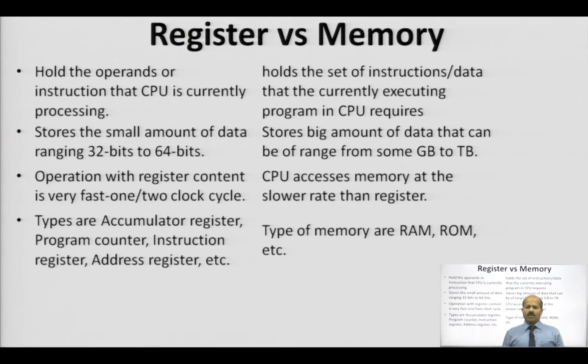So, during our programming in any language, we try to maximize the register access, because the accessing of register is much faster than the accessing of memory. Registers are faster than memory.